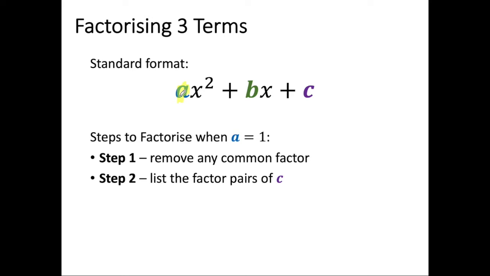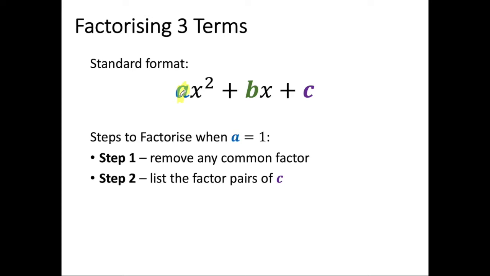So c might be 10, and we need to go ahead and list what numbers multiply together to get me 10. So 10 and 1, 1 and 10, 5 and 2, 2 and 5. All of those combinations are going to multiply together to give me 10. It's also important when we are doing that step to remember if c is a negative number, so minus c, we need to be careful and list all of the different combinations that will give you a minus number.